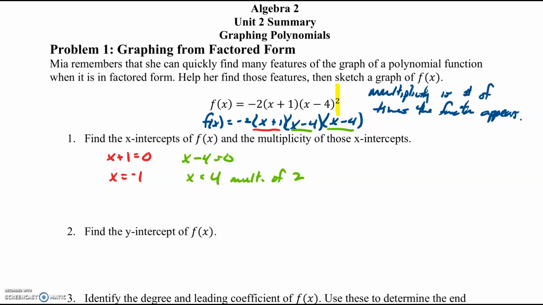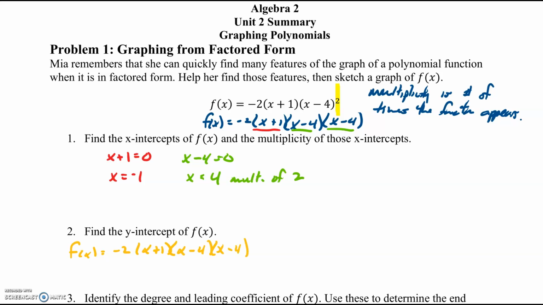Okay, now we want to find the y-intercept, and a lot of times it's also easier to have the function written out. So I'm going to rewrite the function down here. f of x equals negative 2 in front, x plus 1 times x minus 4 times x minus 4.